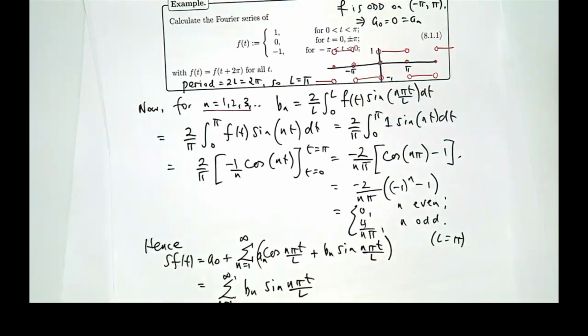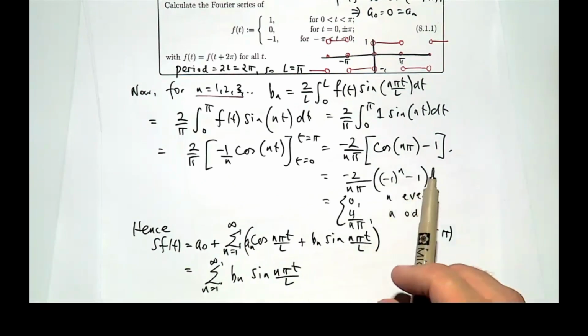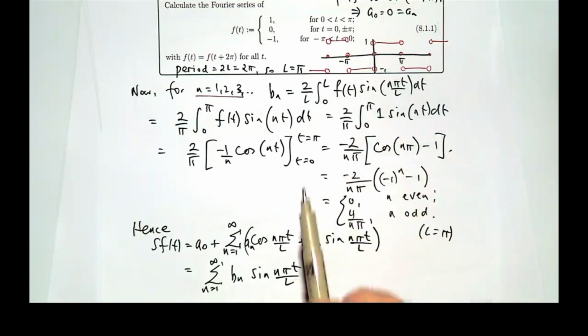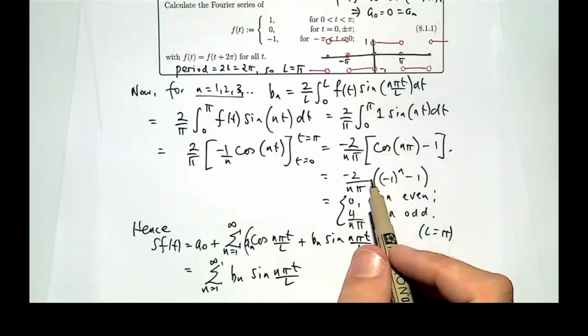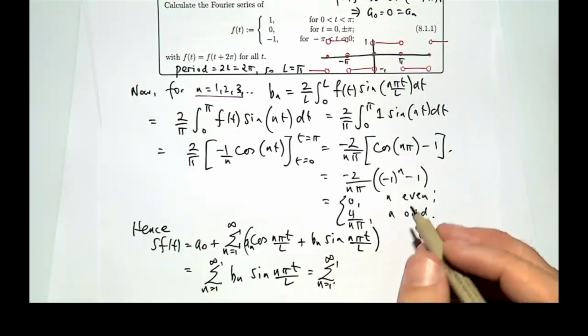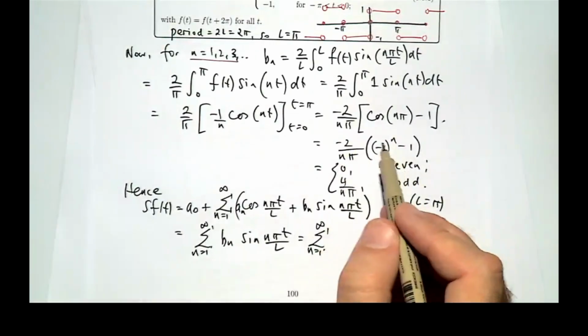So the BNs, you can write it like this, or you can write it like this, or you can write it like this. I'm going to choose this one here. So I'll take the negative sign out and put it in there.